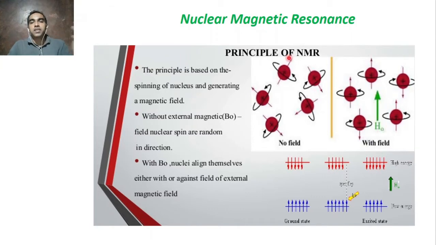So how can we understand the principle of NMR? Each nucleus consists of protons and neutrons. Protons are charged, neutrons are neutral, but you can consider the neutrons and protons together as the nucleus, and as a whole it is charged.